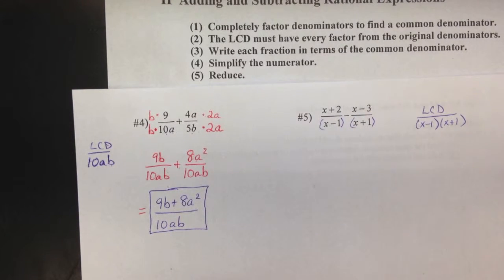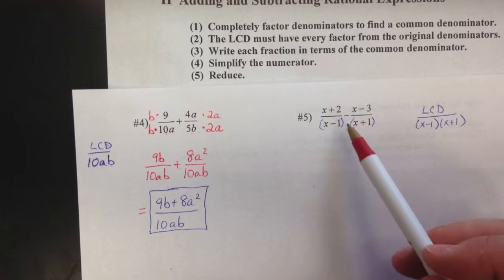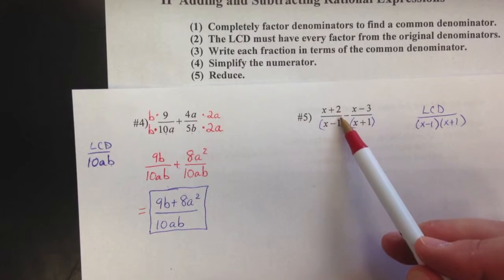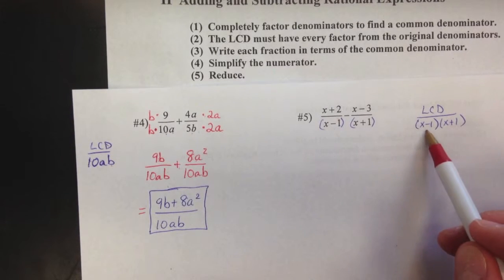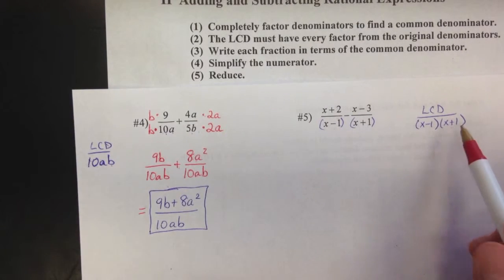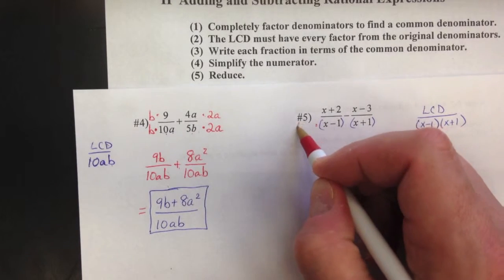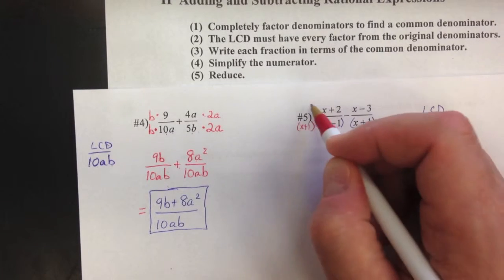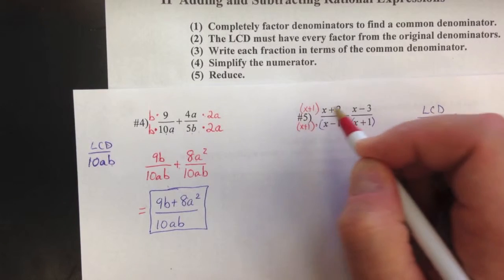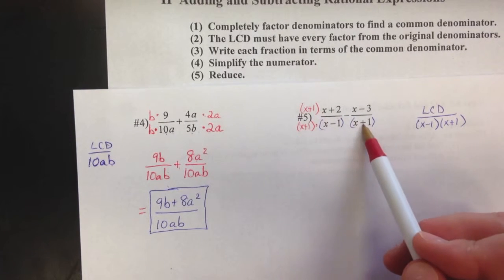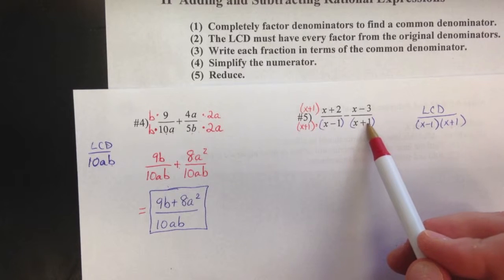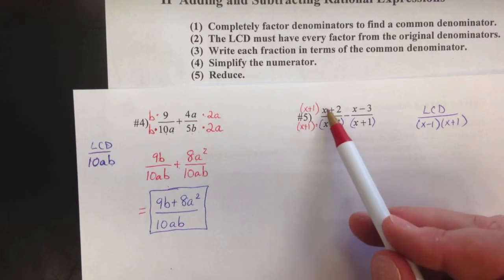If that's confusing, think about it this way: in the first fraction, the x minus 1 is your denominator. We also need an x plus 1. So we're going to have to multiply in the bottom by x plus 1 and also in the top by x plus 1. In other words, what was the other denominator? X plus 1, that's the thing that's going to be multiplying here.